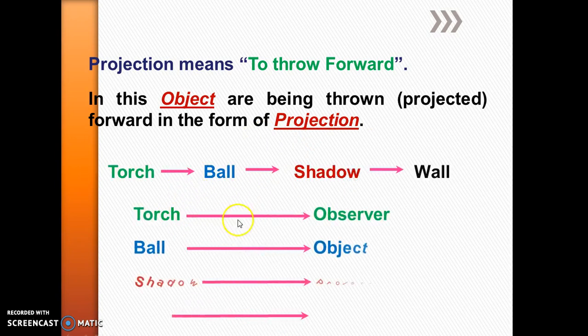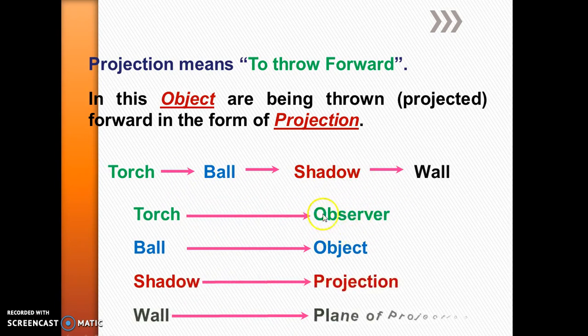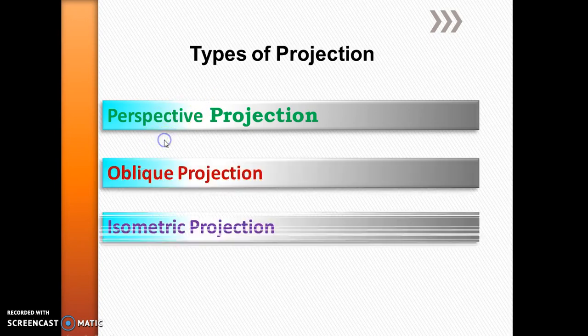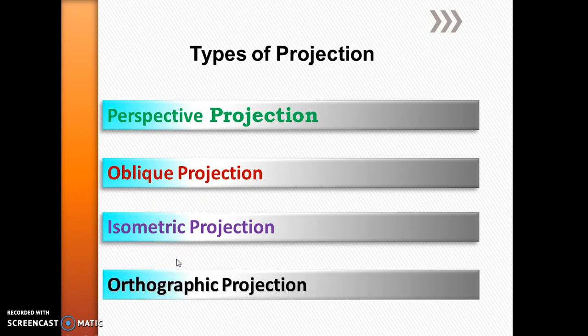You see here, the torch is denoted as the observer, the ball as the object, the shadow as the projection, and the wall as the plane of projection. Then we study the types of projection. First is perspective projection, then oblique projection, and the next types are isometric projection and orthographic projection. These are the four basic types of projection.